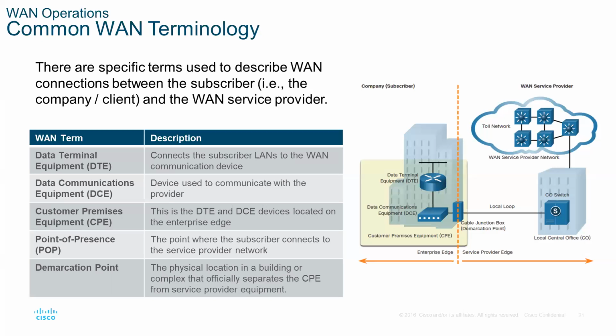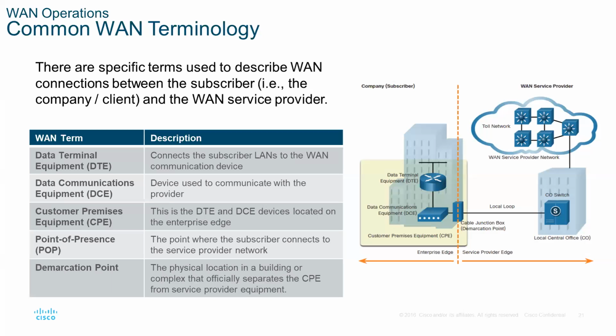Now, the first piece of equipment generally located in the building after that demarcation point is known as a DCE device. This is the data communications equipment, which generally is provided by the service provider.